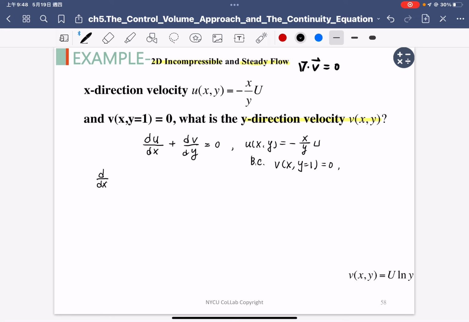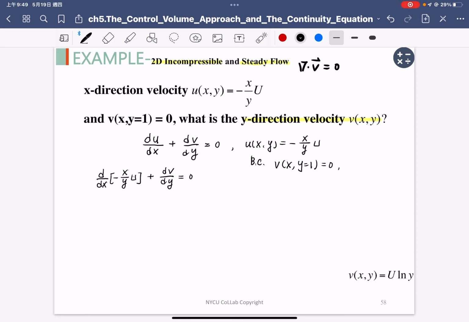So the du dx, and the u in here is minus x divided by y, with u a constant value, plus the dv dy will equal 0, right?